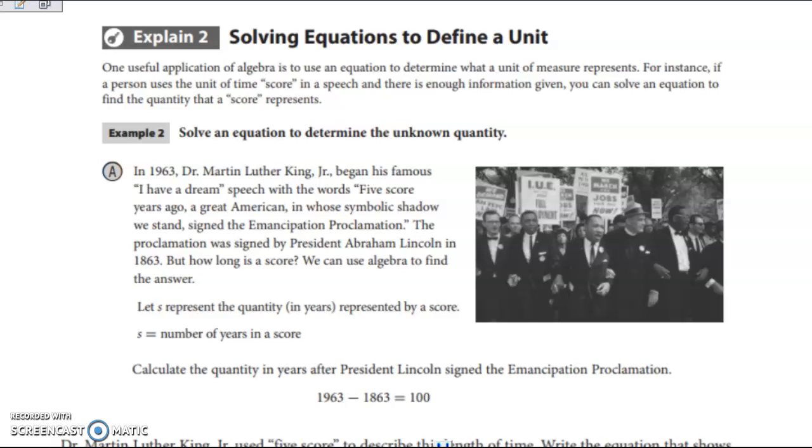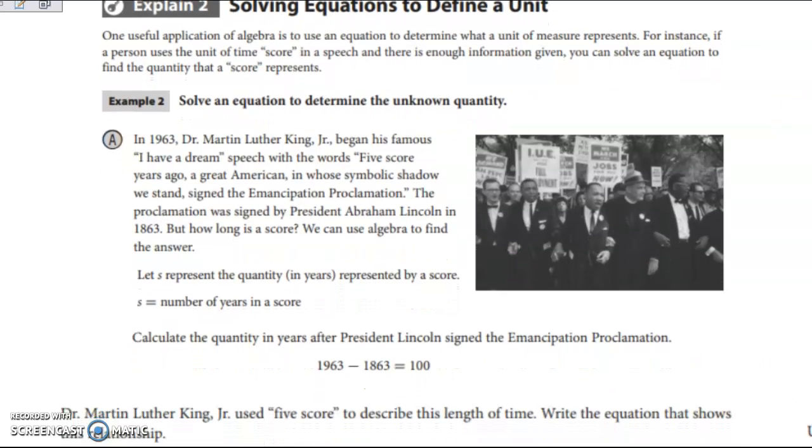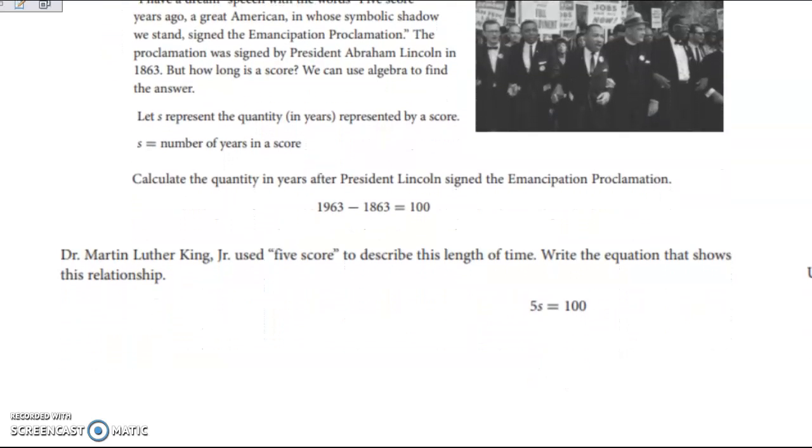And we know that President Abraham Lincoln gave his speech in 1863. So if we can take that information, we can use it to help. So we know that if we take 1963 and we subtract 1863 from it, we get 100 years. So the time between both speeches was 100 years.